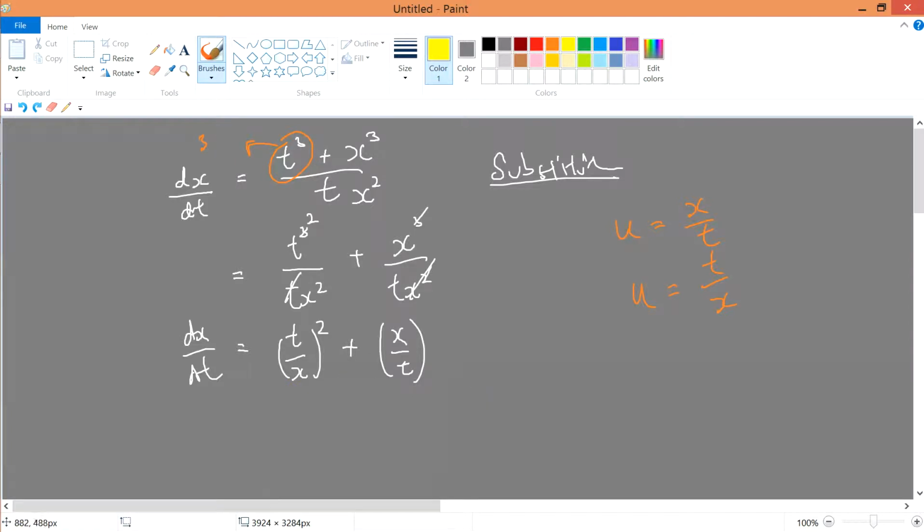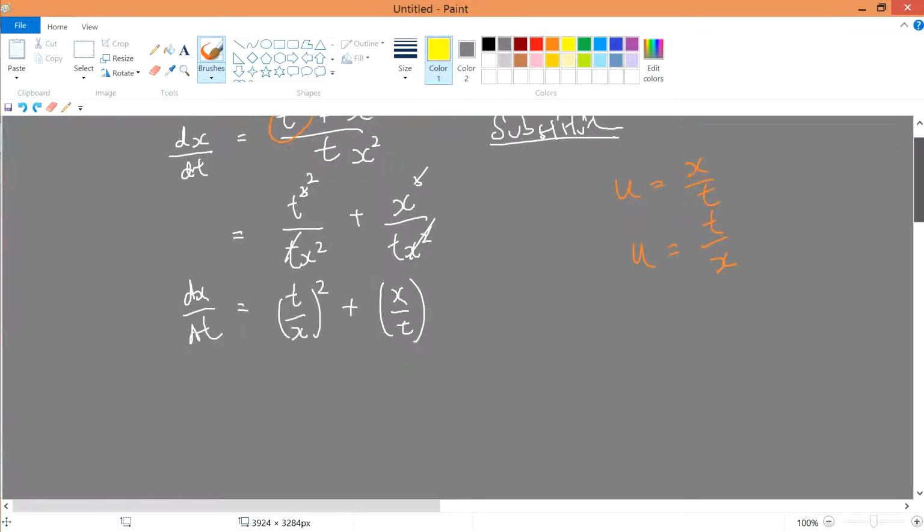You can also use u equals t over x, but in the later parts you start to feel that you shouldn't have done that. So it depends on which terms you choose, but choose something straightforward like that. So you can just take u equals x over t.